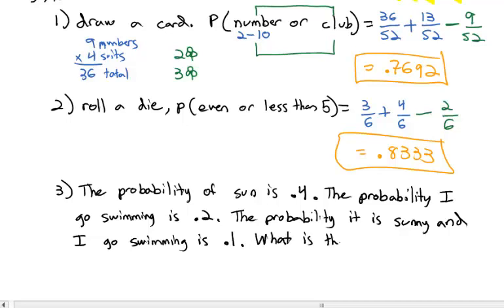What is the probability I go swimming or it is sunny?